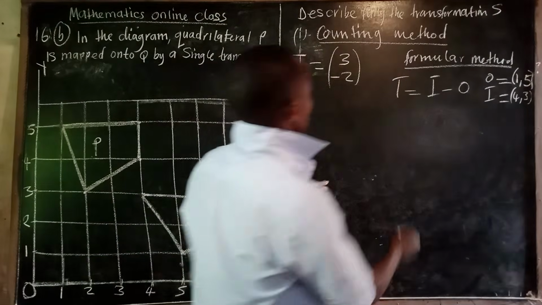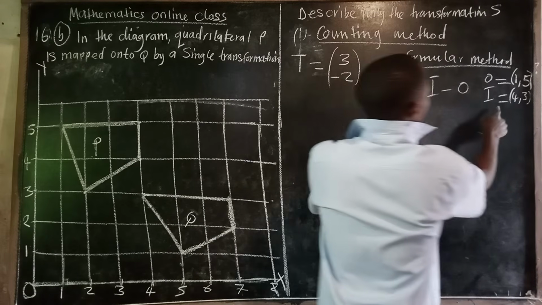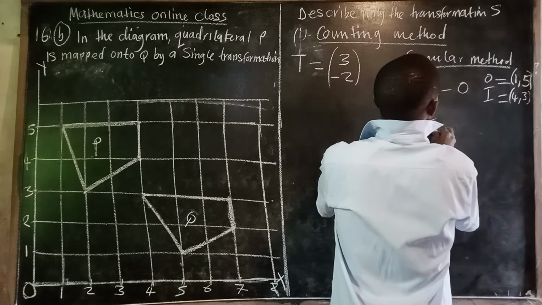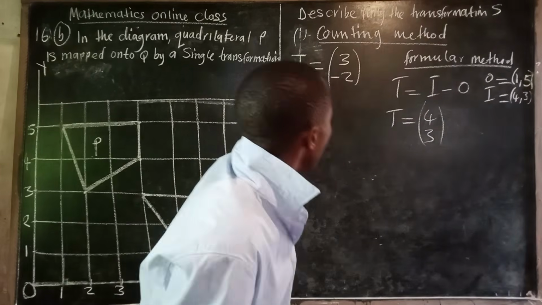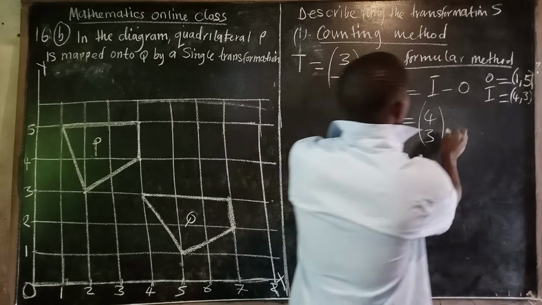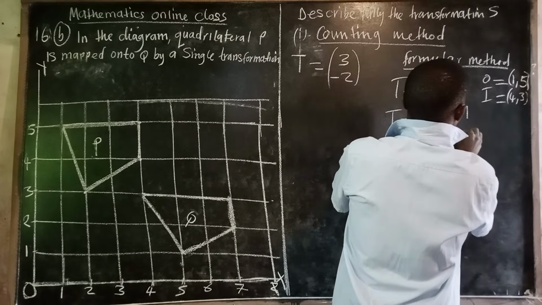So let's substitute. We want to find the translation vector. We say the image is 4, 3, written in vector form. Then we say minus, and for the object we have 1, 5.